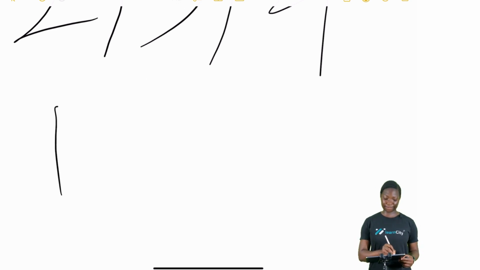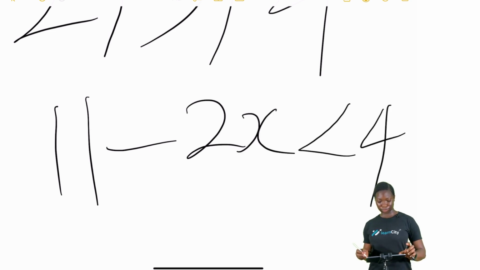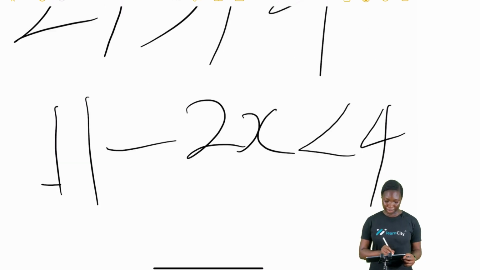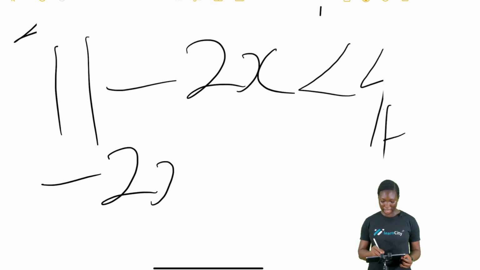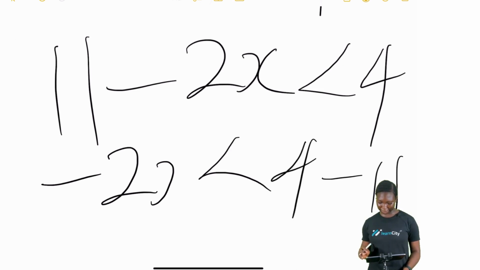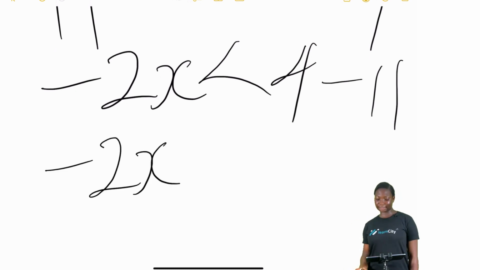Now for 11 minus 2x less than 4, we have it to be minus 2x less than 4 minus 11. So we have minus 2x less than 4 minus 11, which is minus 7.